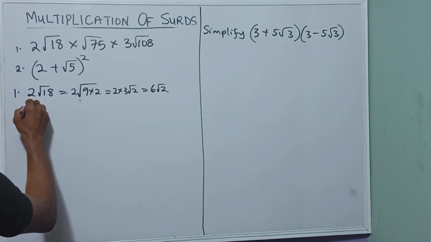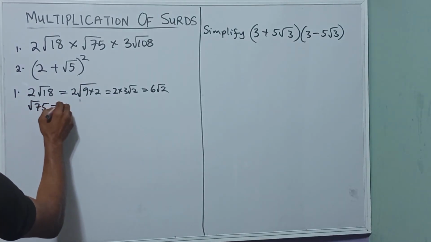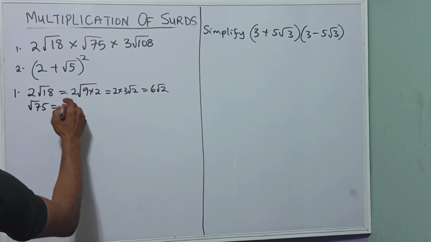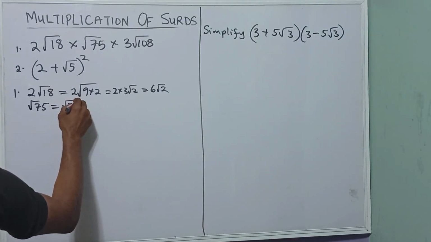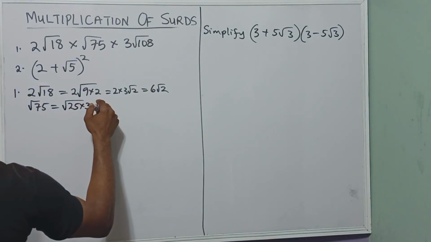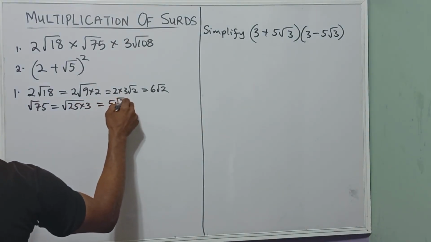And for root 75, we have it as root 25 times 3, which gives us 5 root 3.